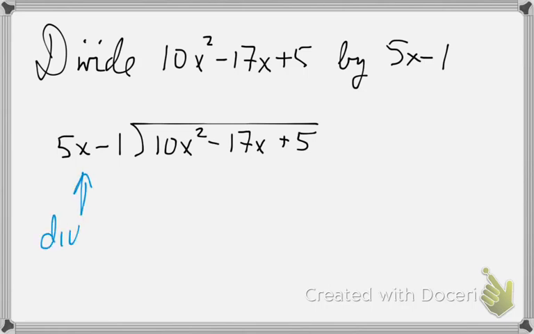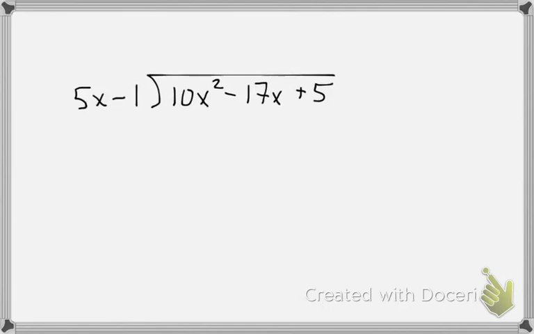So we've got our divisor and our dividend. The answer is called a quotient. So we all good with the setup? Descending order, no missing terms that I had to fill in.